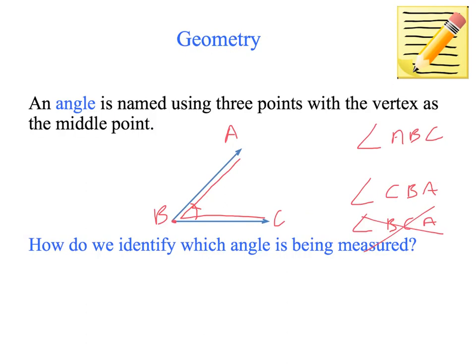Now, if we put it somewhere else, if we did it like that, then that would mean it would be the reflex angle that we are measuring. So we would be measuring this part of the angle here. I'm sure you would remember that from previous years.